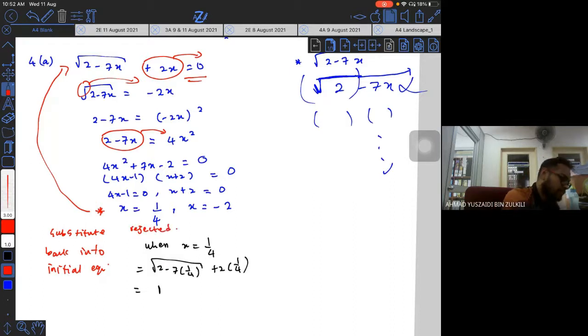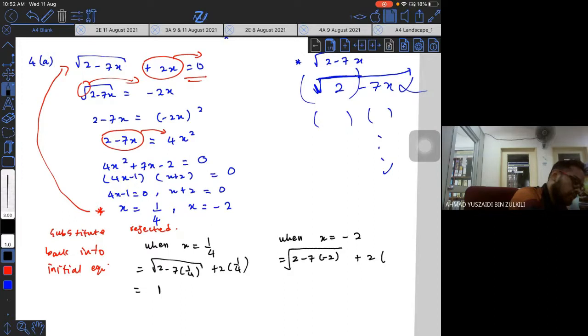Okay, next, we check when x is equal to negative 2. Square root of 2 minus 7 times negative 2, plus 2 times negative 2.